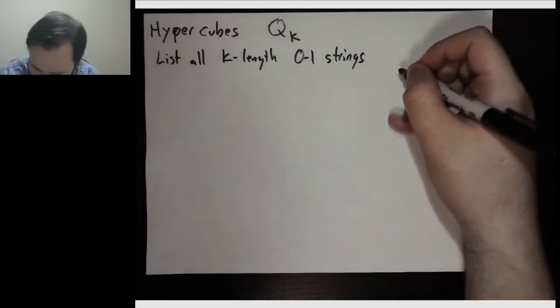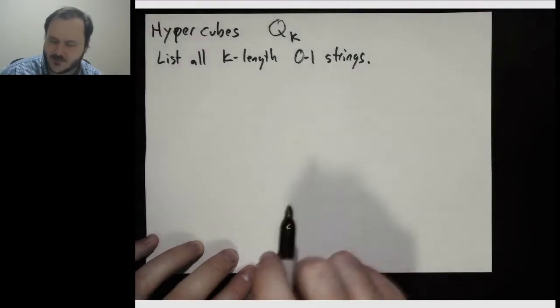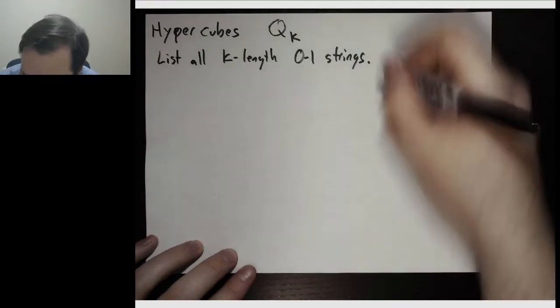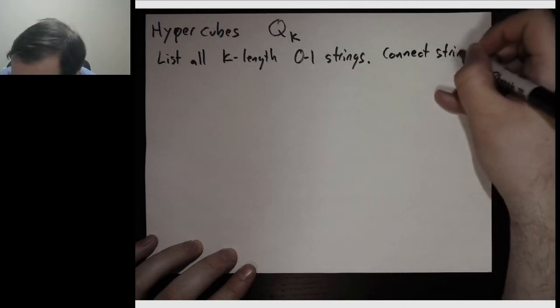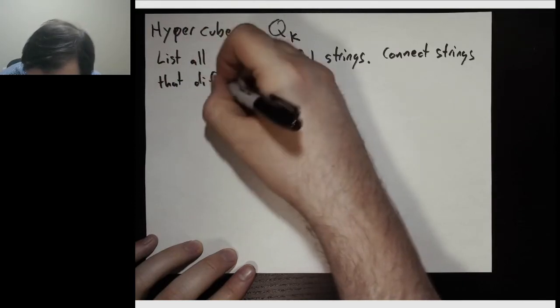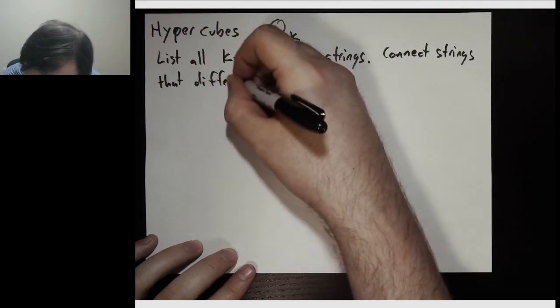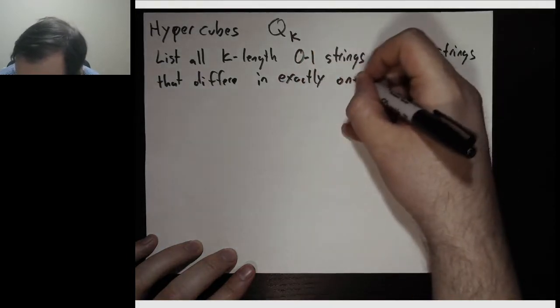Those are your vertices. And then you connect 2 vertices if they differ in exactly one coordinate.